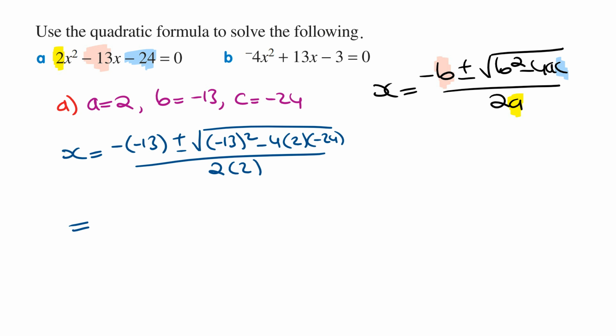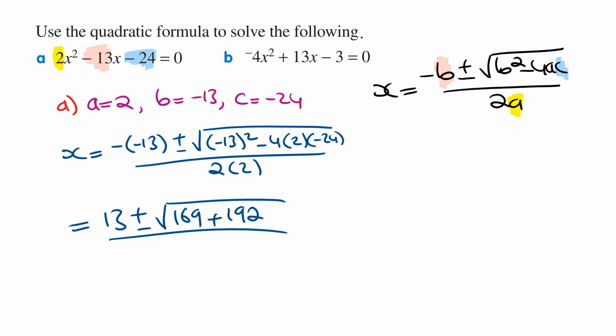Cleaning this up, this is positive 13 plus or minus the square root of minus 13 squared, which is 169, and then minus 4 times 2 times minus 24 is plus 192, all over 2 times 2, which is 4.